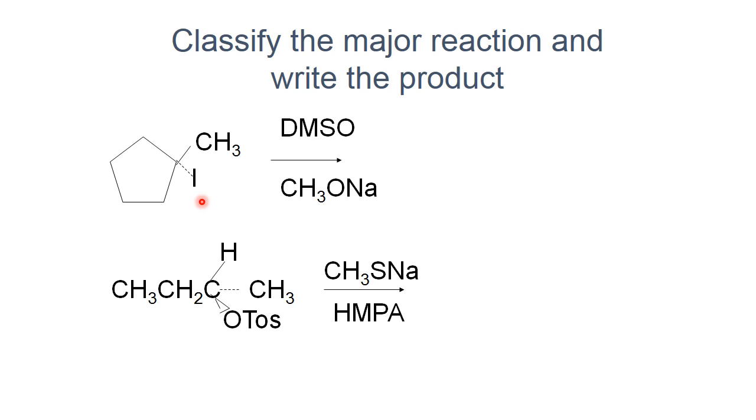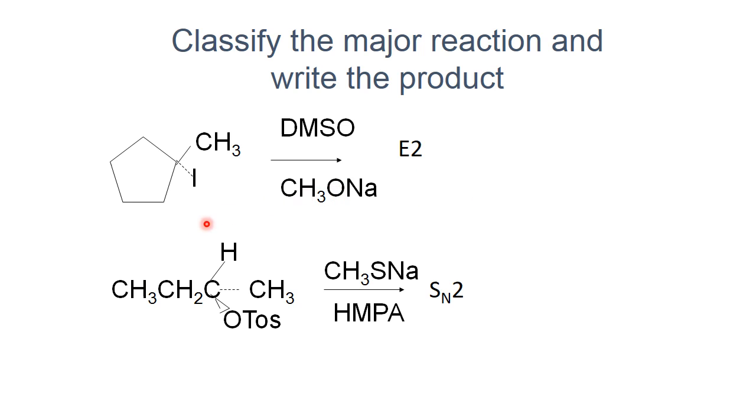If I have a basic nucleophile and it's not primary, what's going to happen? E2. So that's an E2 reaction. Over here, I have a secondary carbon, and the secondary carbon has a good non-basic nucleophile here. This is non-basic, and it's got a good polar aprotic solvent. SN2 is going to happen here.